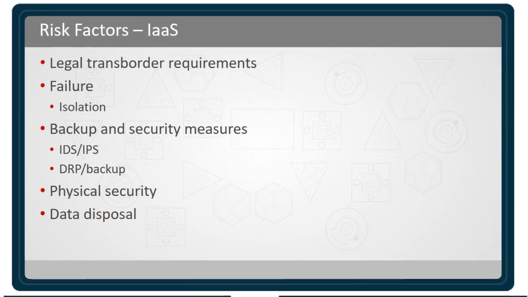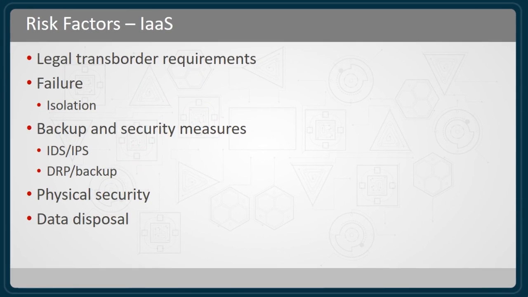So in this presentation, we'll take a look at several of the risk factors at various levels and for various types of cloud implementations, beginning with IaaS, or Infrastructure as a Service. With this, you might have issues with legal transborder requirements. When you create any kind of cloud subscription, you really do not know where the data center is, or perhaps more specifically, where your data resides.